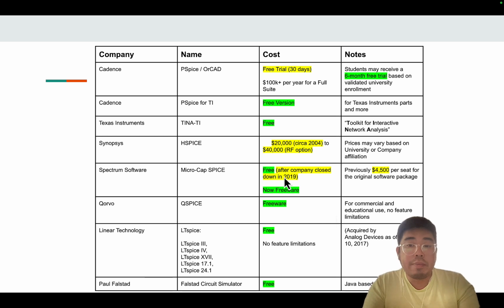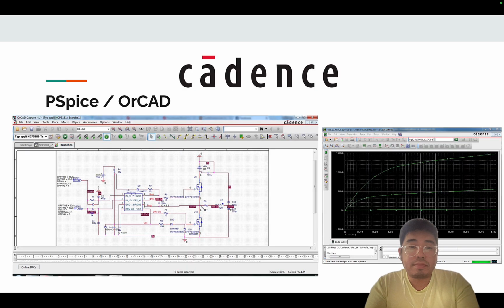Microcap SPICE is now free because the company closed in 2019. QSpice is freeware, and LT-SPICE is freeware, and LT-SPICE specifically does not have any feature limitations, unlike previous SPICE versions.